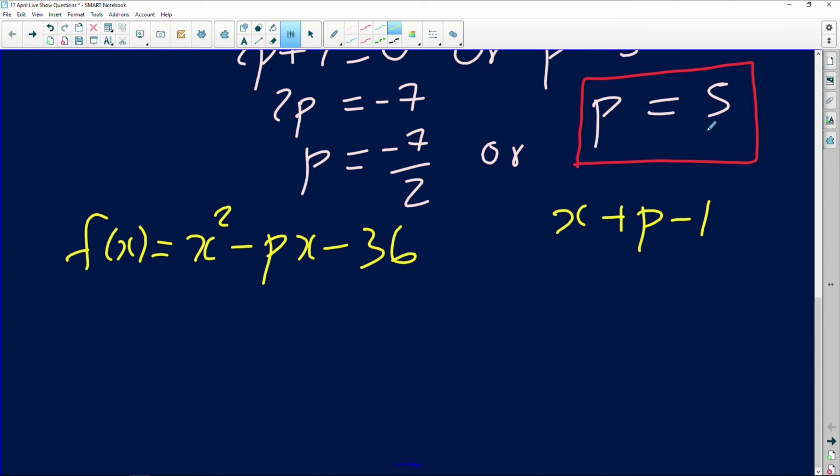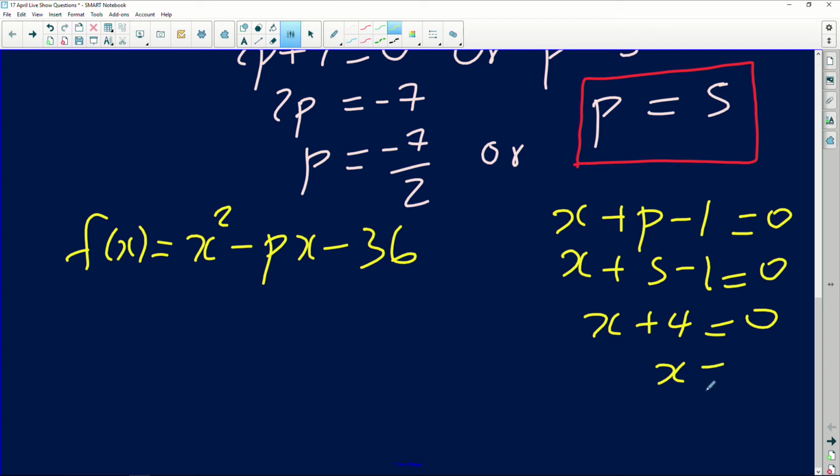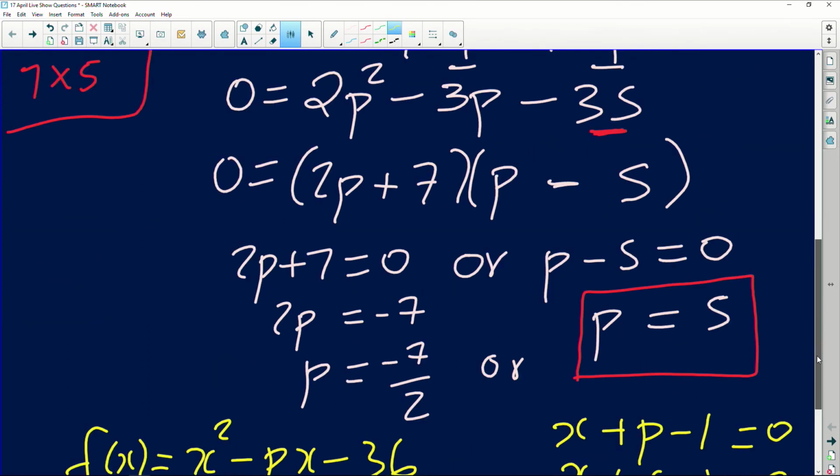So if I sub p as 5 here, I'm going to have x plus 5 minus 1. This is going to say x plus 4. Remember, we have to equate it to 0 for us to substitute it into the function to see what remainder it is going to give, which must be 0 if this thing has to really be a factor.